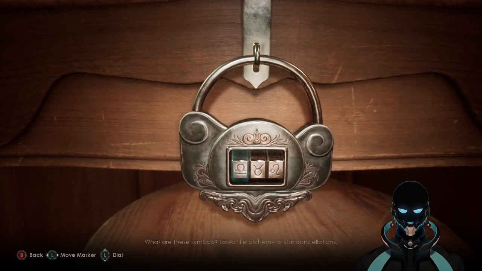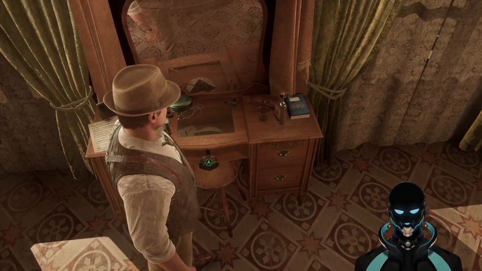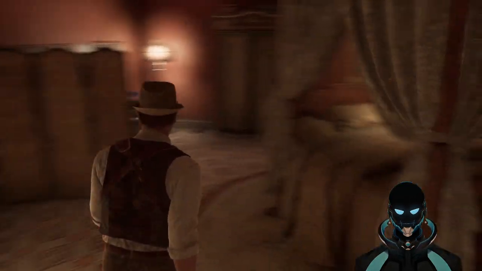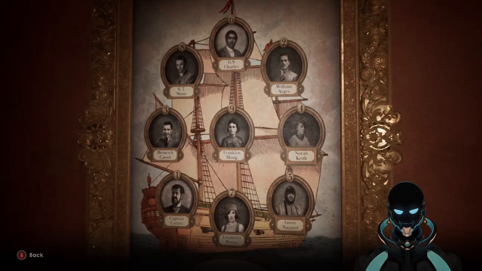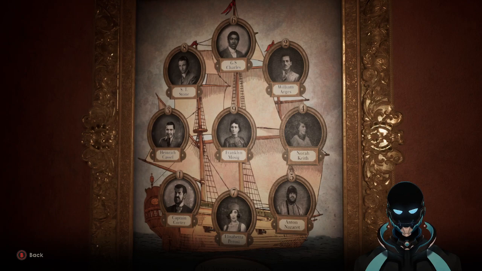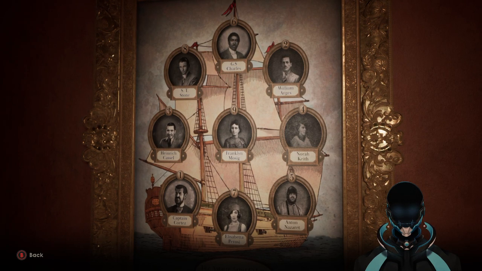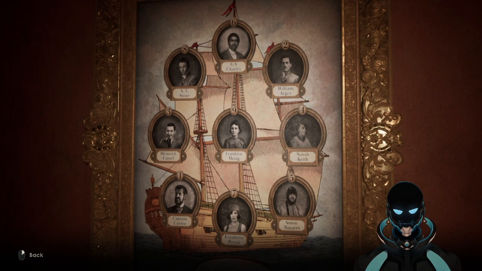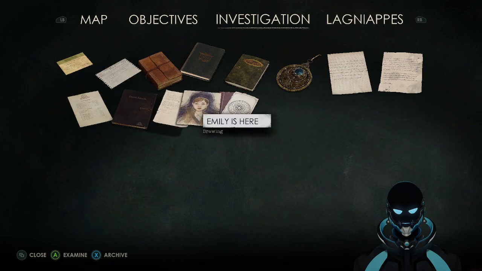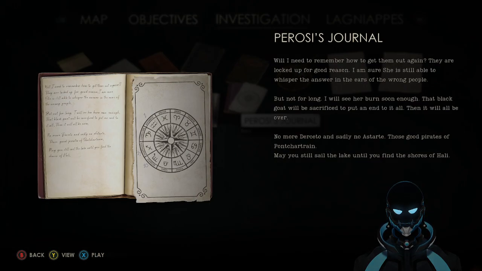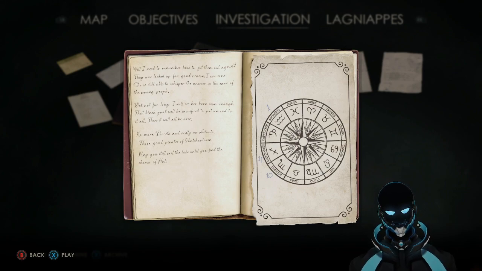What are these symbols? Looks like alchemy, or star constellations. Yep. Okay. I know what you're having me do. William Arges is 2. Franklin Mosig is 9. 4. 294. So Pisces.